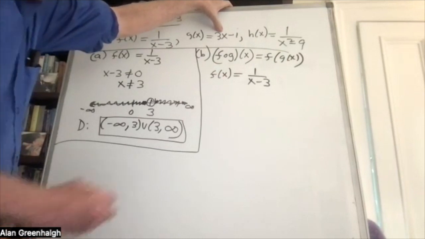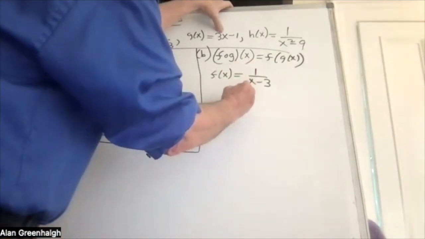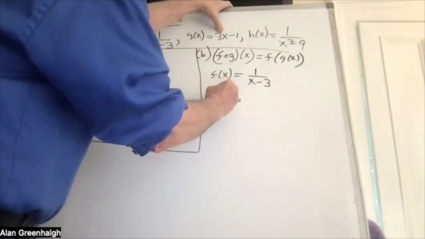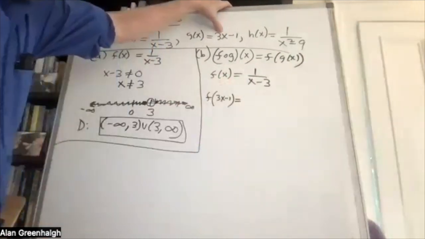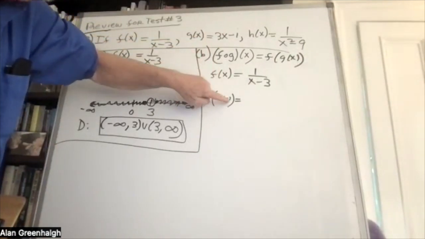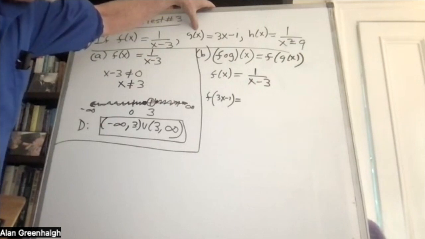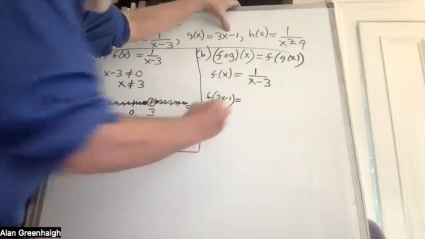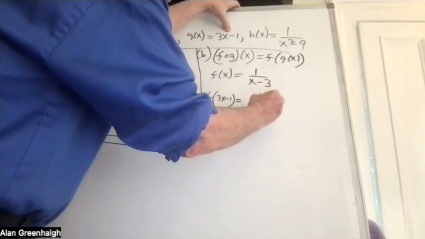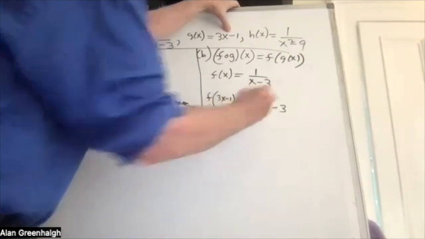So instead of it being x, it's going to be 3x minus 1, because that's what g of x is equal to. So it's going to be 1 over 3x minus 1 minus 3.